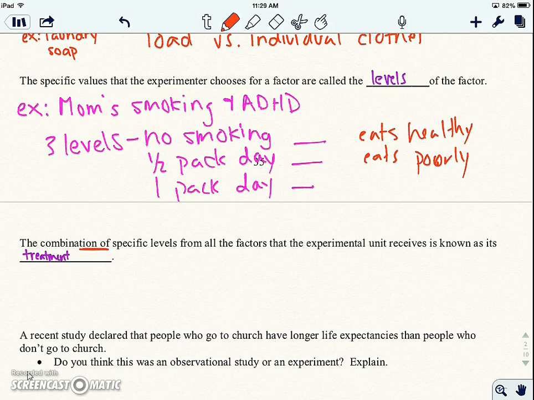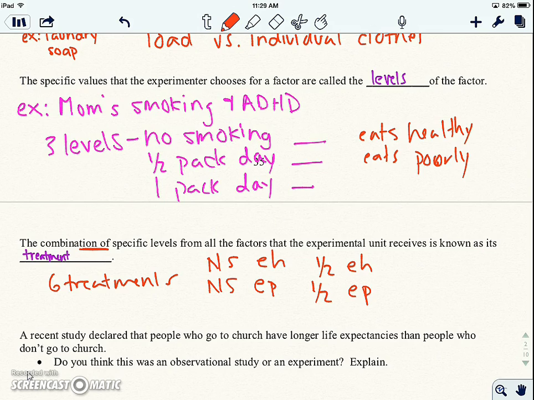So in this case, we would have 6 treatments, because you could no smoke and eat healthy, or no smoke and eat poorly. You could a half pack and eat healthy, half pack and eat poorly. Or you could 1 pack and eat healthy, 1 pack and eat poorly. Okay, so those are treatments, and you're going to want to look at examples of that in your book.